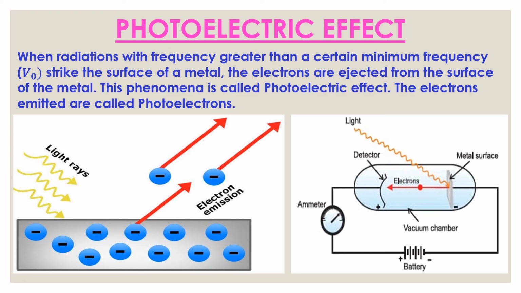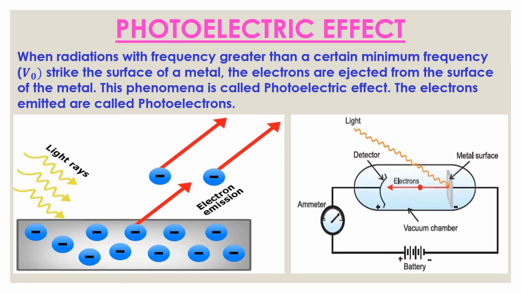When light of sufficient energy is allowed to strike the surface of the metal, electrons are ejected, which move towards the detector. By observing the amount of current flowing, the kinetic energy of the electrons can be determined. So this is the process occurring in this apparatus.